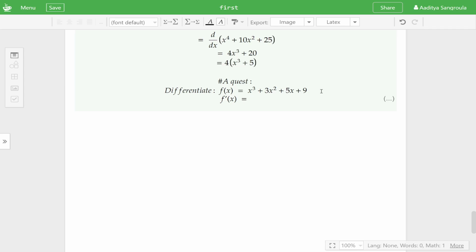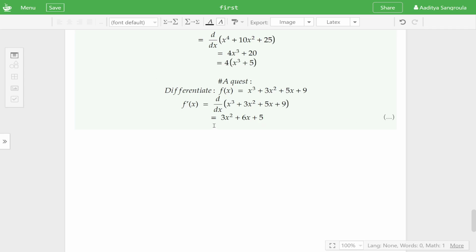So f prime of x means the derivative of x, which means d over dx of the function y, which is basically this thing, and that's going to be 3x squared plus 6x plus 5, right?